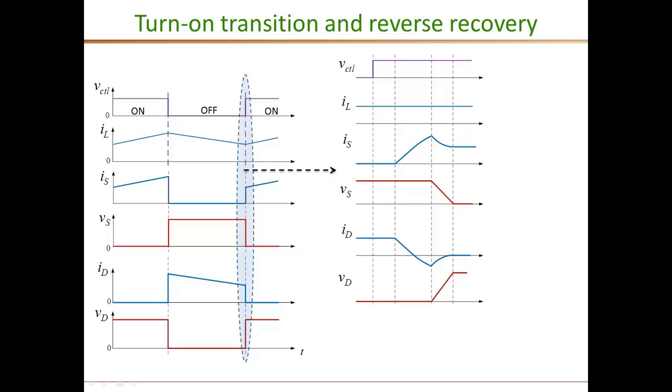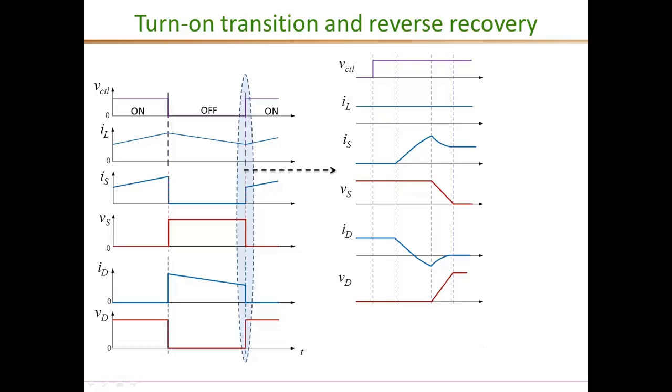It increases with the rising gate voltage, and correspondingly the diode current simultaneously decreases, because the sum of these two currents should be equal to the inductor current. At the instant when the diode current has reached 0, or the switch current has reached the inductor current value, the ideal diode should turn off.